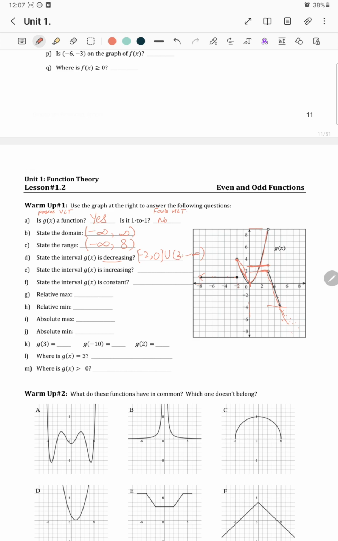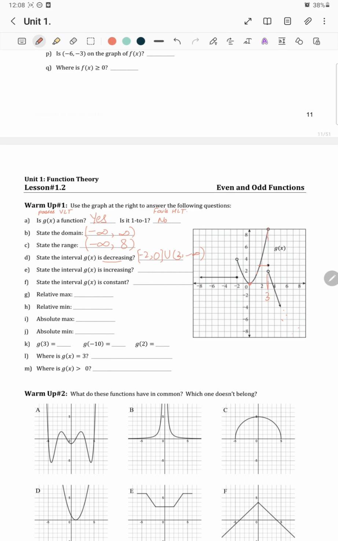Okay, state the interval where g of x is increasing. That was about decreasing. Now we will state the interval where g of x is increasing. Increasing means going upward. So for increasing we have 0 is included, to this point, which is 3.